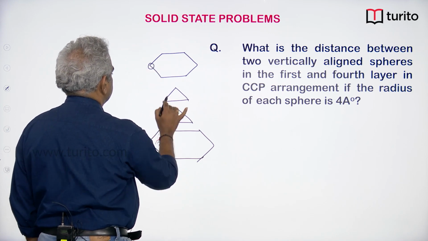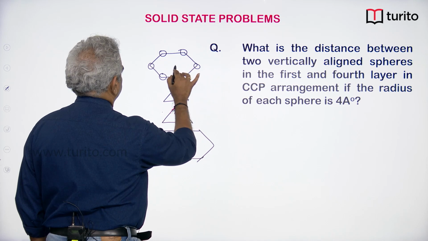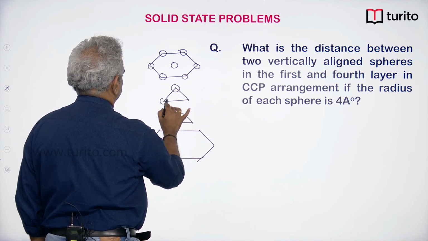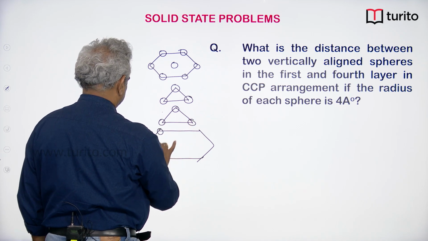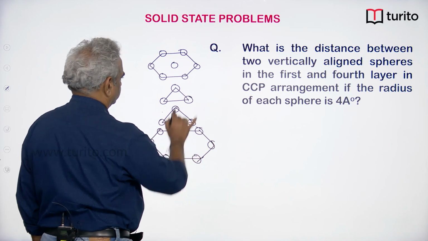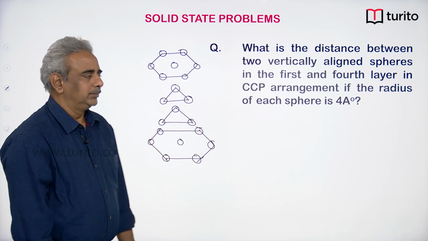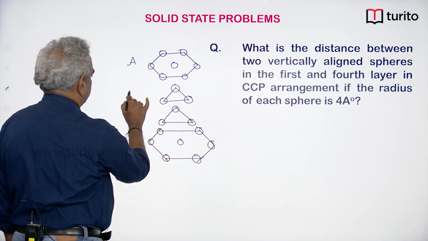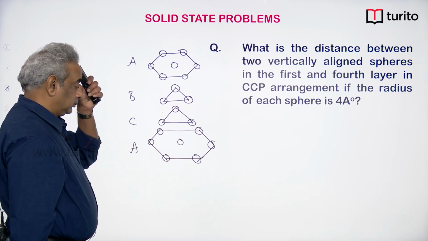So, we call this arrangement the CCP arrangement: A layer, B layer, C layer, A layer.